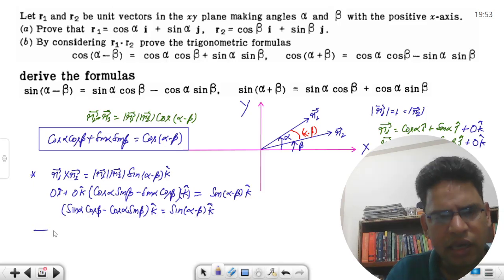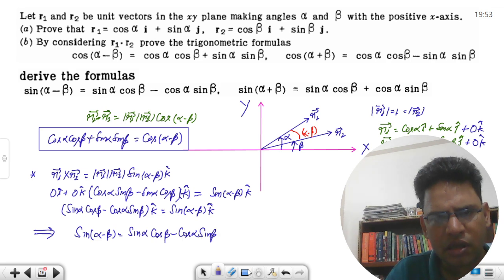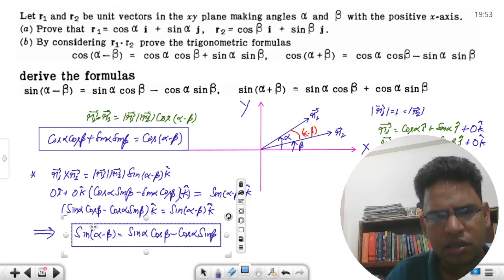Once you calculate the magnitude, sin(alpha minus beta) equals sin alpha cos beta minus cos alpha sin beta. This is how you prove it.